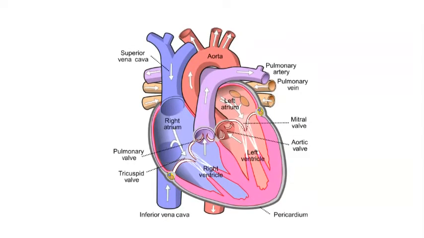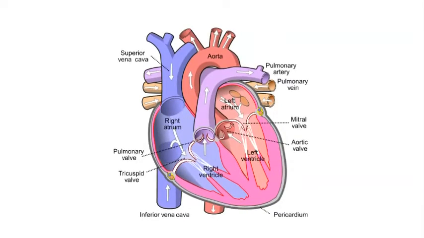The left atrium contracts, and the blood travels through the mitral valve, also known as the bicuspid valve, into the left ventricle. The left ventricle contracts and pumps the blood through the aortic valve and out a really huge artery known as the aorta, which is the major artery that carries oxygenated blood through the body.